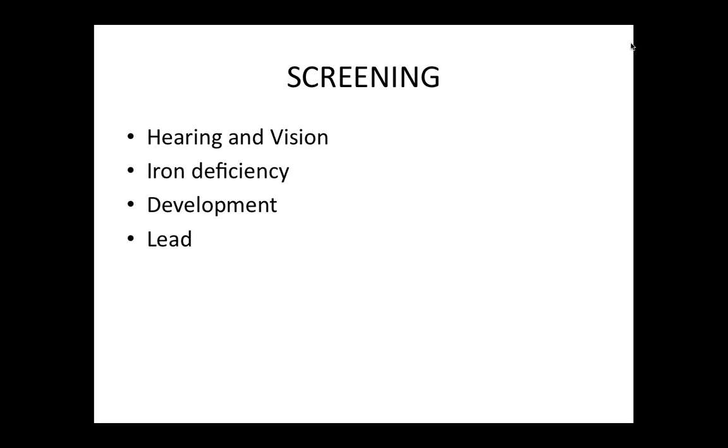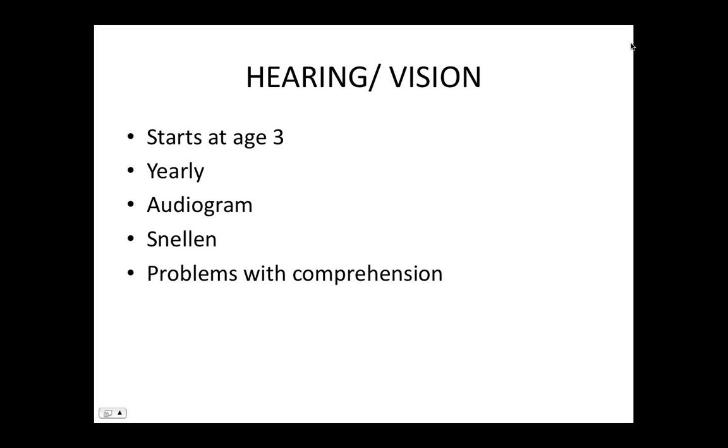But when we start doing more specific testing for it, it's usually started at age 3, and it's then yearly thereafter in your age groups. One of the things that I think probably the most common hearing screening is going to be an audiogram.